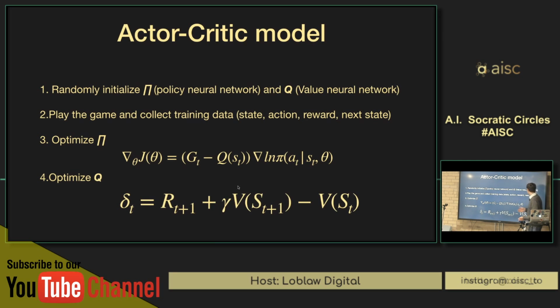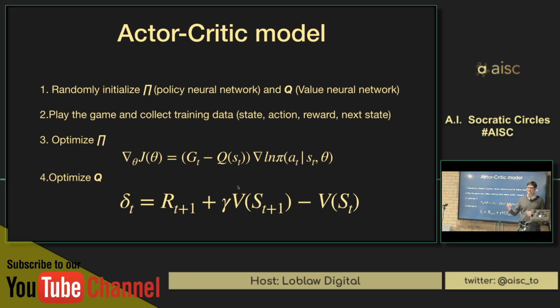And then for the critic itself, you use what is used for Q-learning, called the temporal difference error. You use this to optimize the critic to better predict the value of a state. So in a nutshell, this is your current prediction of the state. And then you say, okay, a better prediction would be the return plus the discounted value of your next state. It's a better estimate than your current estimate.